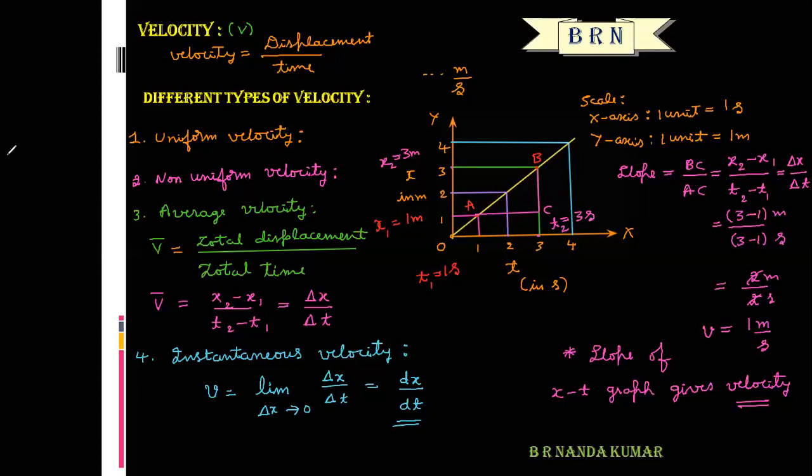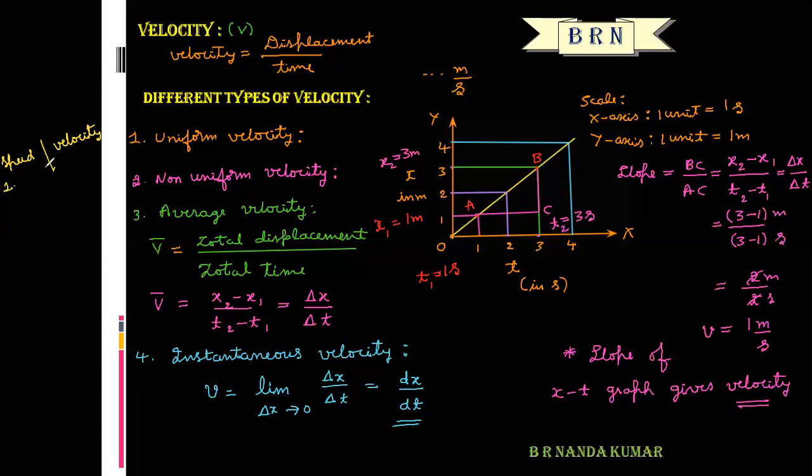So what are the main differences between velocity and speed? That is very important. The differences between speed and velocity. So speed is distance traveled per unit time.